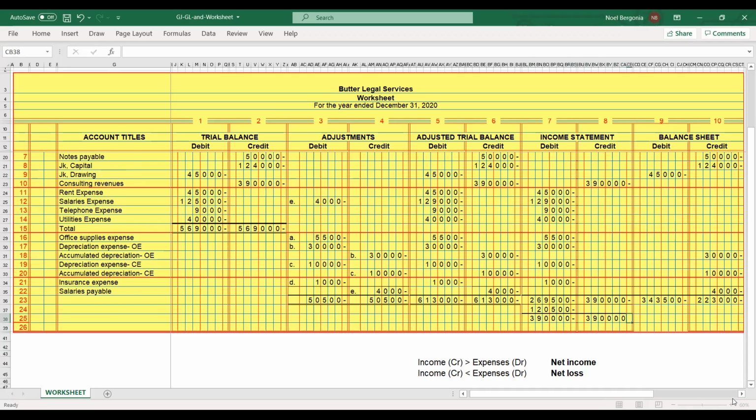Ayan, in that case, dapat equal na sila after nyo ilagay yung difference. So nilalagay natin sa debit dahil una, mas mababa yon, and at the same time, that actually represents a net income. So dahil net income yan, ilalagay ko dito sa account title, katapat nung sinulat ko na 120,500, yung word na net income.